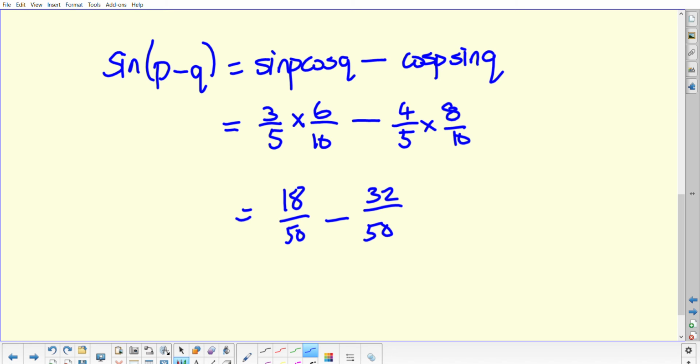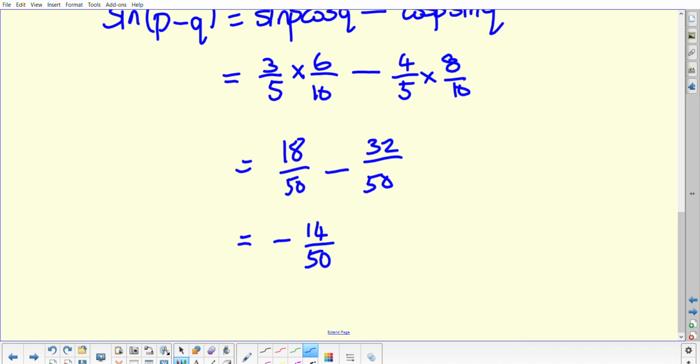So we end up with our unsimplified answer of minus 14 over 50, and then you could simplify if you need to, and you would have got minus 7 out of 25. You might have simplified further up that fraction, but as long as you get down to the minus 7 over 25.